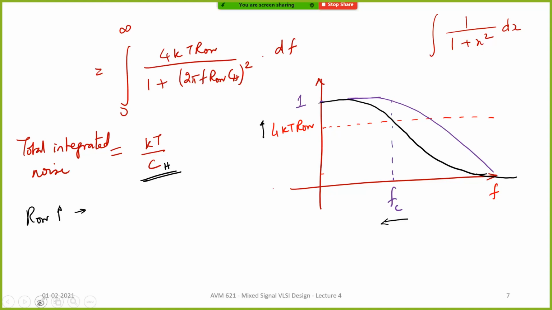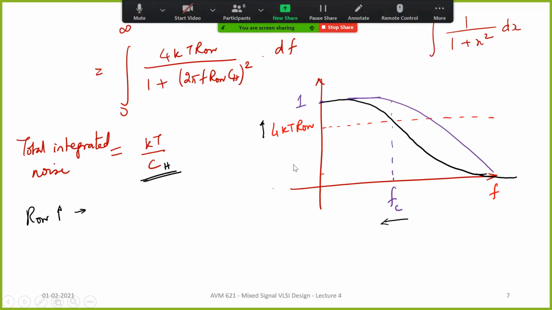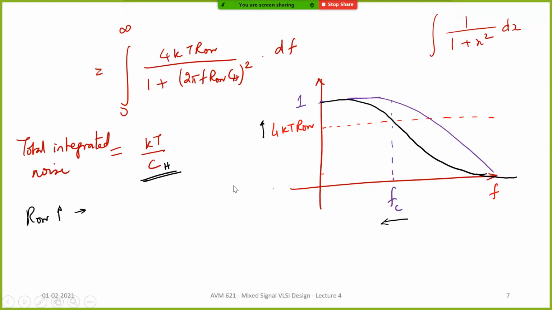So now if you want the noise of the sample and hold circuit to be less, what should you do? Increase the load capacitance. So to improve noise performance, CH has to go up.